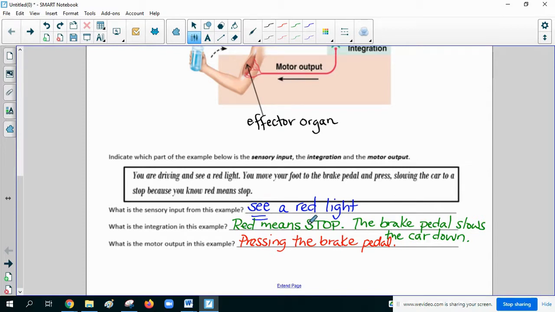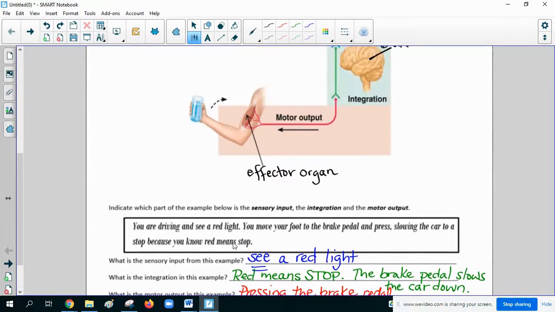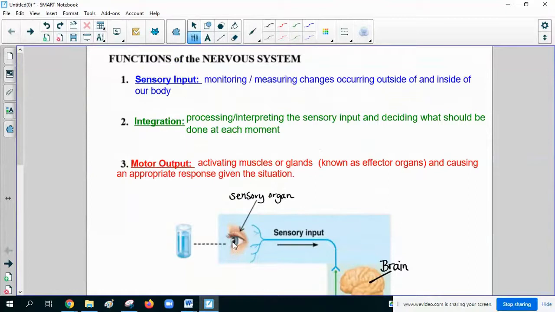You know that red means stop, and we use the brake pedal to slow the car down, and you press the brake so it becomes automatic. So much of what we do every day, we don't even realize that it's really breaking down into these three examples. So pretty much everything we do has some form of sensory input, the information that we're using to make the decision, and then this is how our body is responding in order to carry that decision out.